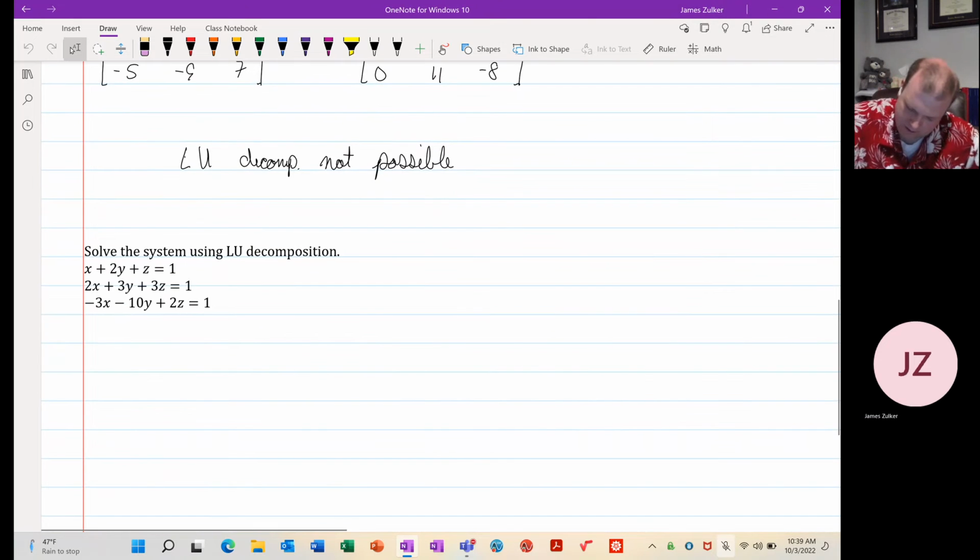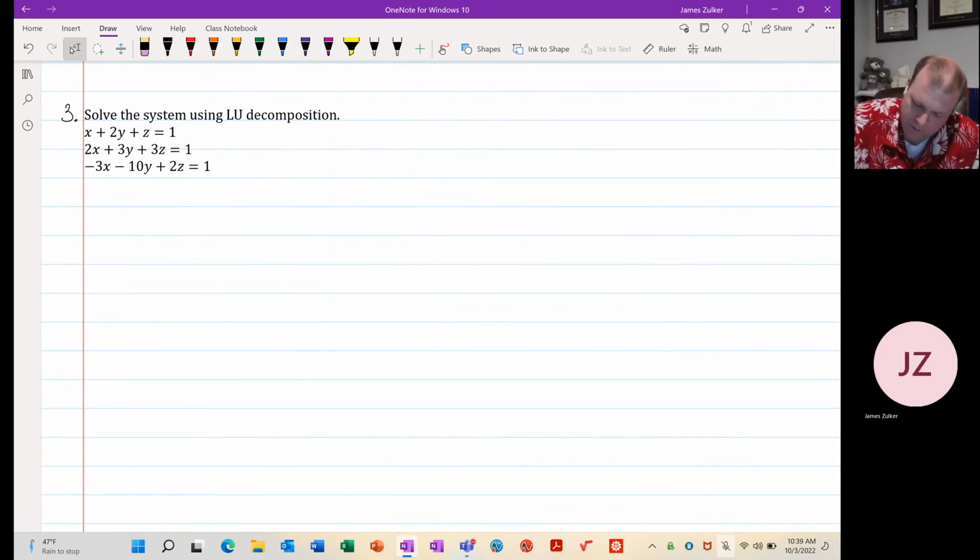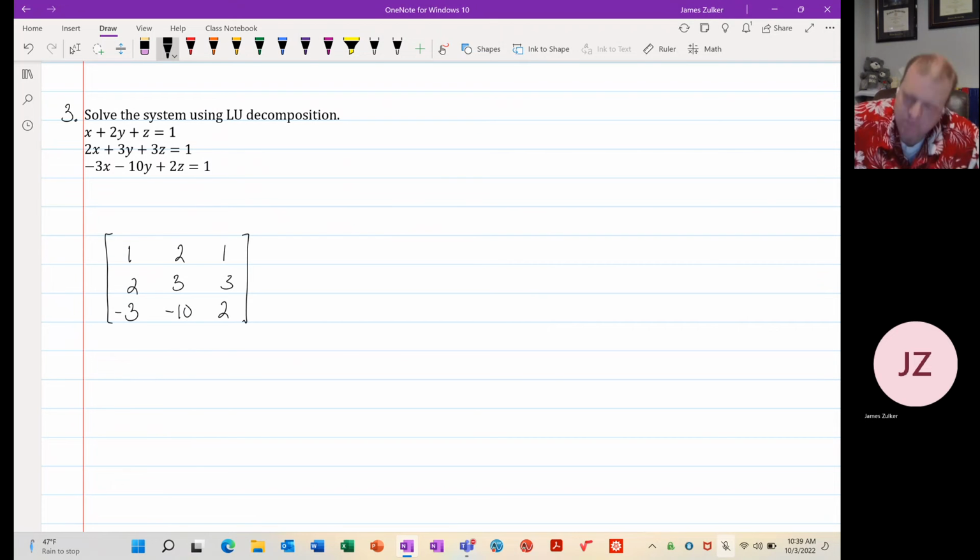There it is. So what we do is we set up our coefficient matrix. And we write an LU decomposition for it. -2 row 1 plus row 2, 3 row 1 plus row 3.